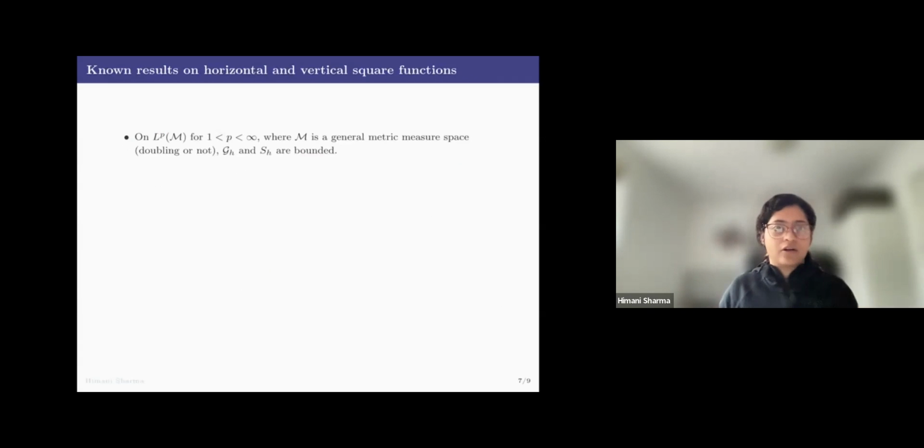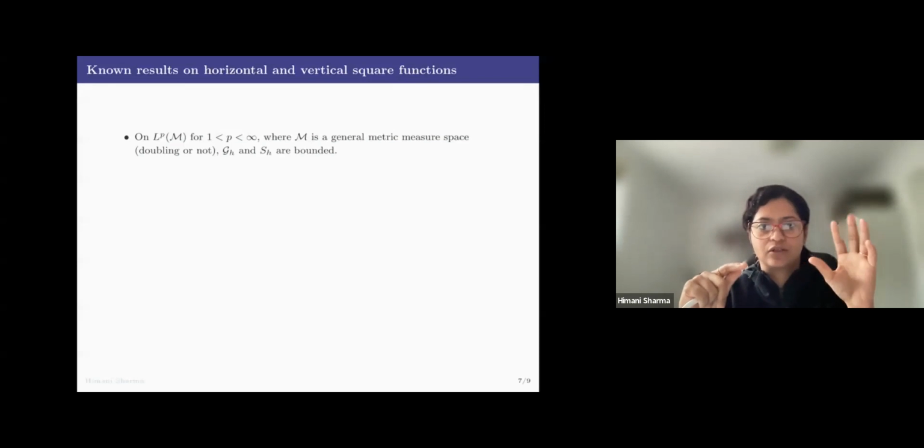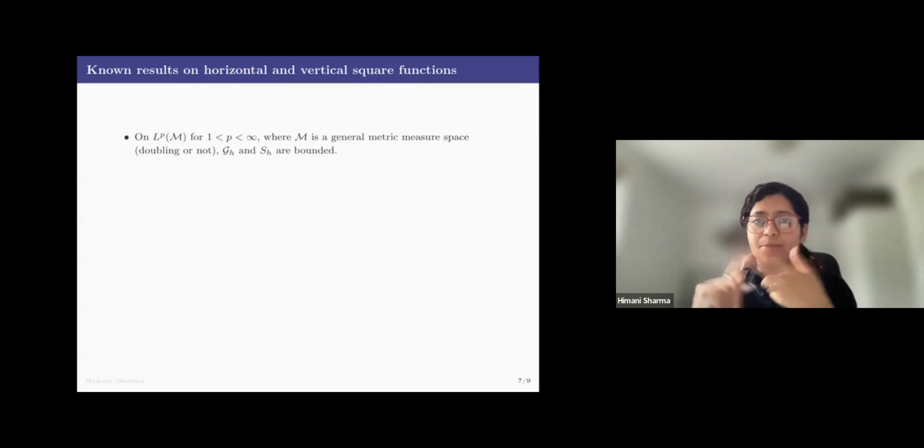On the space L^p(M), where M is any generic metric measure space, whether doubling or not, it has been shown that both forms of the horizontal square function, the semigroup form as well as the resolvent form, are bounded on L^p(M) spaces. This was proved by Stein long back.